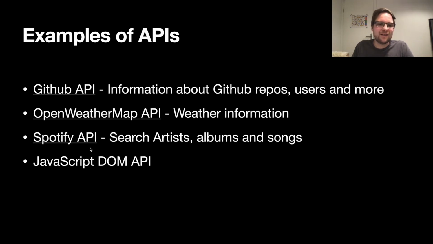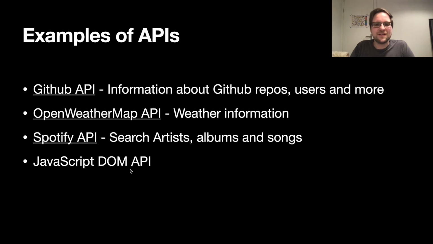And in fact, you have already been using some APIs. You just don't know it. The JavaScript DOM, as you used in previous modules, is actually an API. When you interact with a button, when you do document.getElementById, when you use addEventListener, or when you change the style using JavaScript, you are using the DOM API.